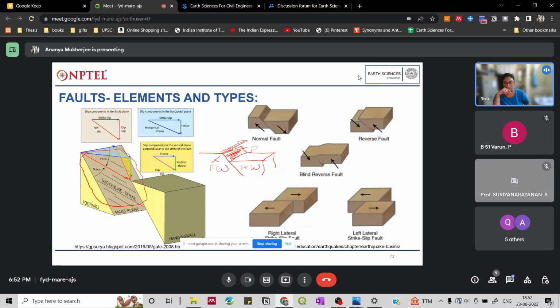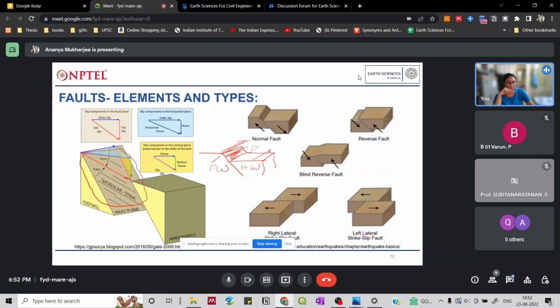Over here we can see that it is based on the movement of the fault, like the movement of the hanging wall. Over here the movement is parallel to the dip. It is moving along the dip, then it is a dip slip fault. Or if the movement of the hanging wall is towards the strike direction, it is called a strike slip fault.